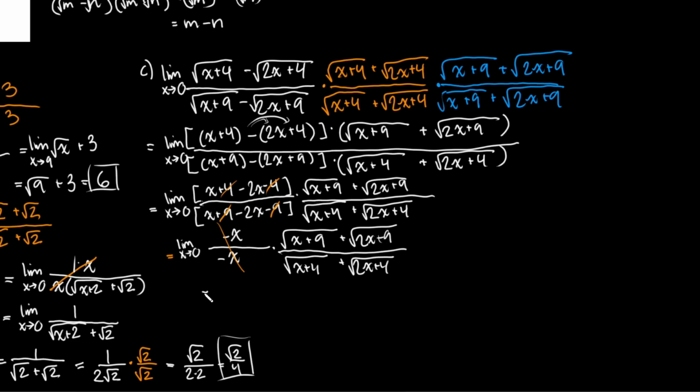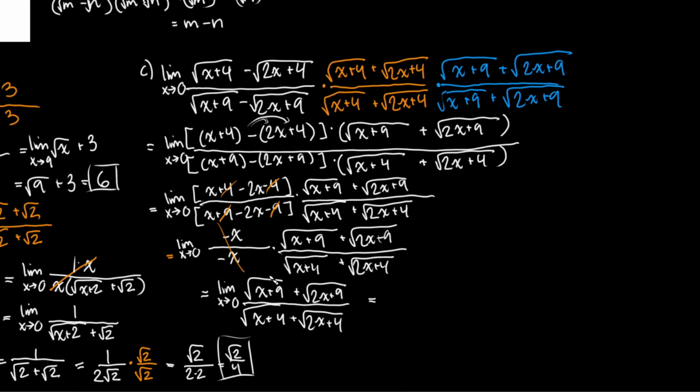And so the limit is actually just this: the limit as x goes to 0 of the square root of x plus 9 plus the square root of 2x plus 9, over the square root of x plus 4 plus the square root of 2x plus 4.